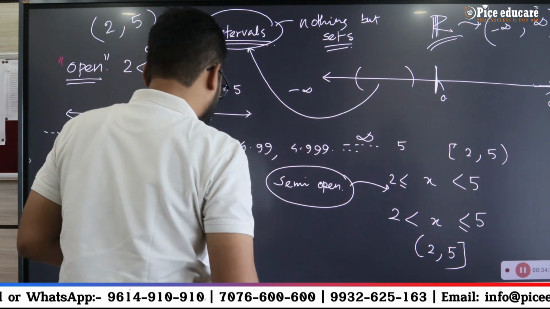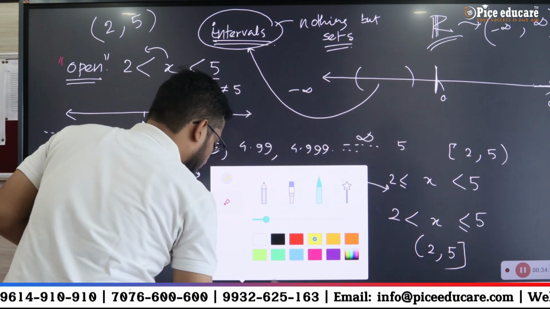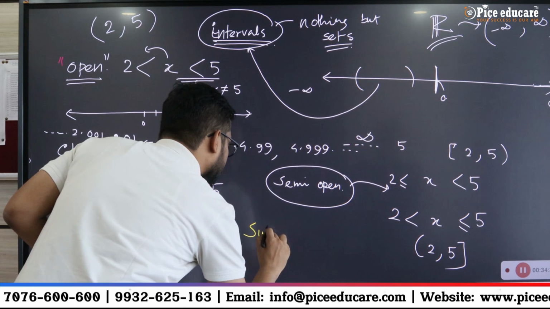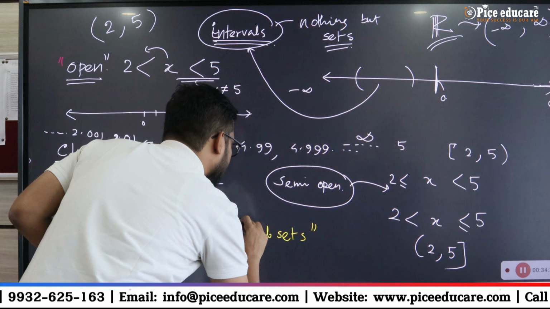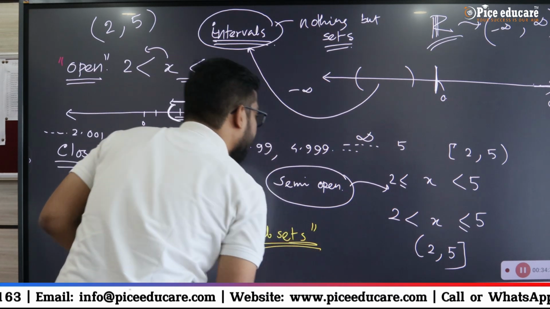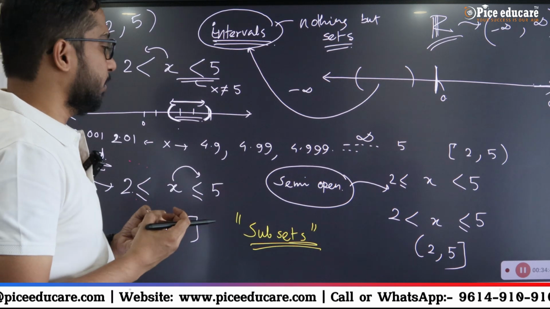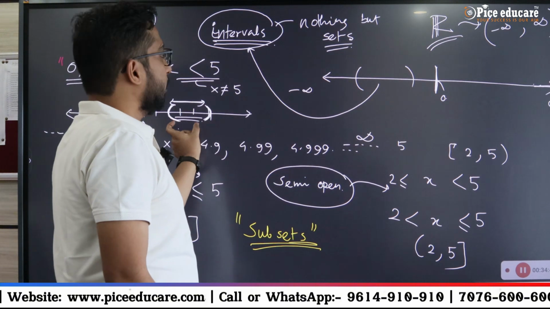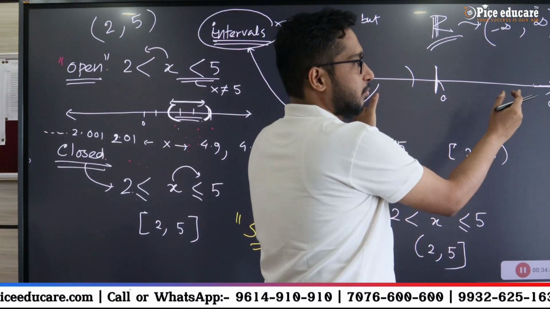So let me introduce this new term. Our goal is not to discuss sets today, but let's introduce these terms. These are called subsets. You have a big set, you take some elements from it, and you can call it a subset. So this interval is nothing but a subset of the whole real line.